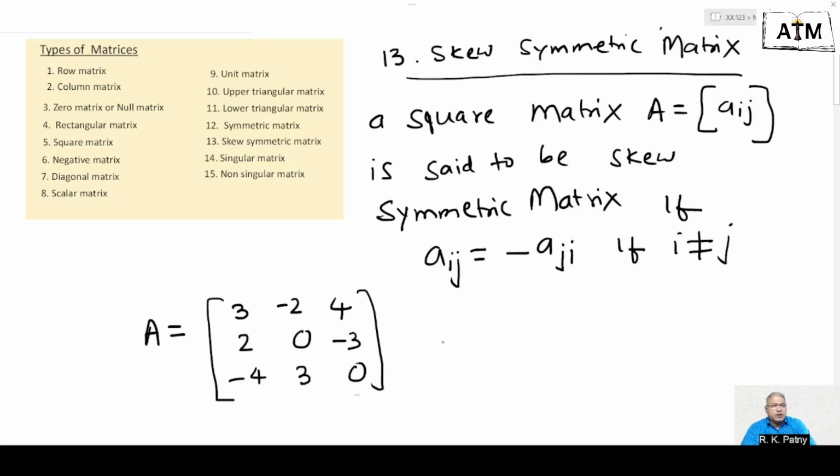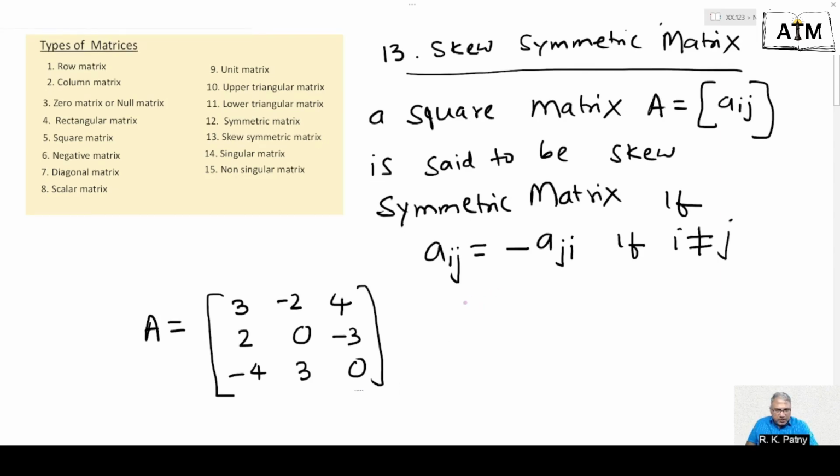Now next one is the skew symmetric matrix. A square matrix Aij is said to be a skew symmetric matrix if Aij equals minus of Aji. For example, I am having A12.